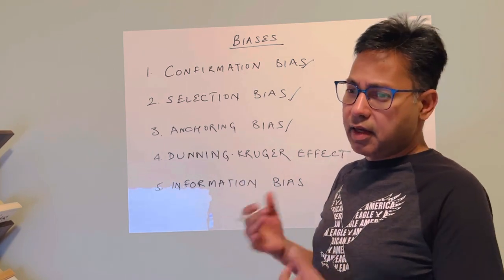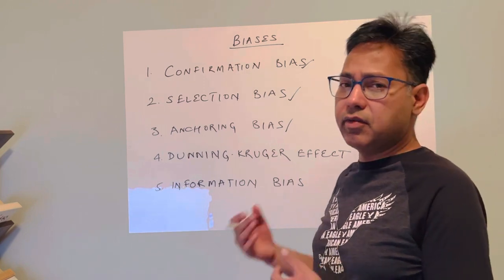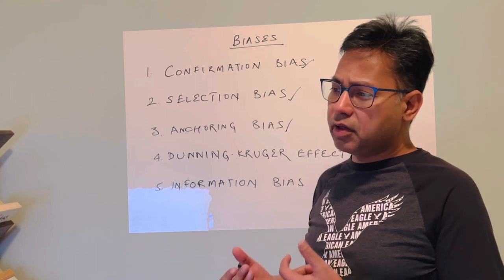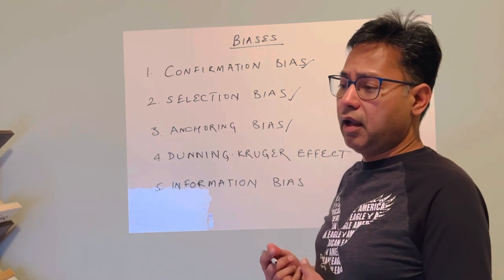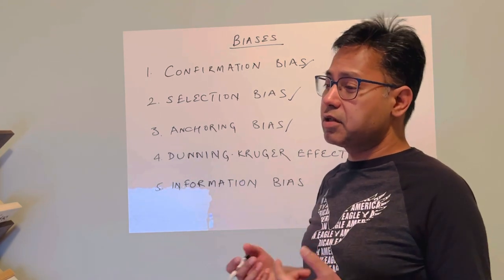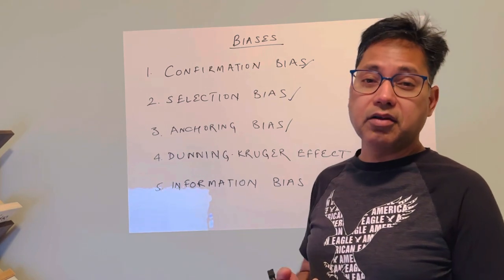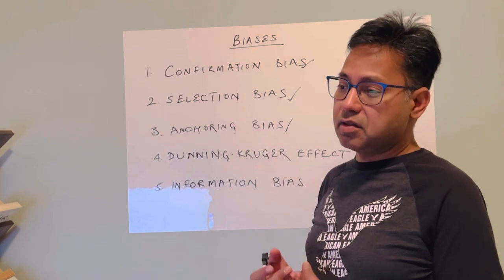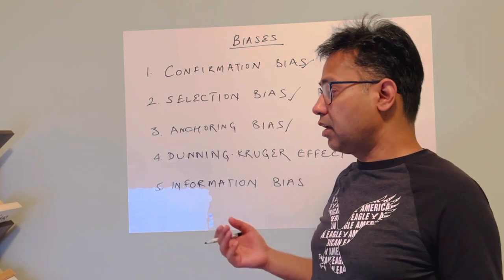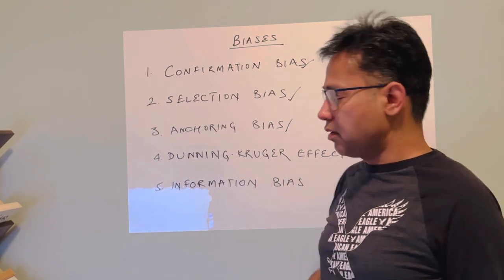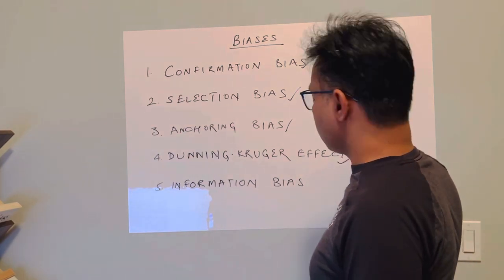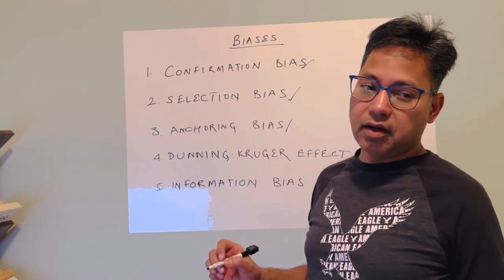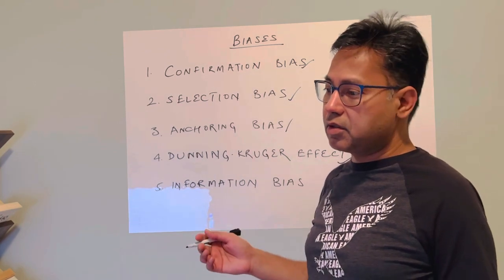But as I gained more and more experience, interacted with more people, learned different schools of thought, and learned about different ways of doing the same thing, I learned that pretty much all I knew may not be correct in all situations and all contexts. I used to think that this is the best way, right? So that's the Dunning-Kruger effect, where you tend to know little but are very confident that you know a lot.